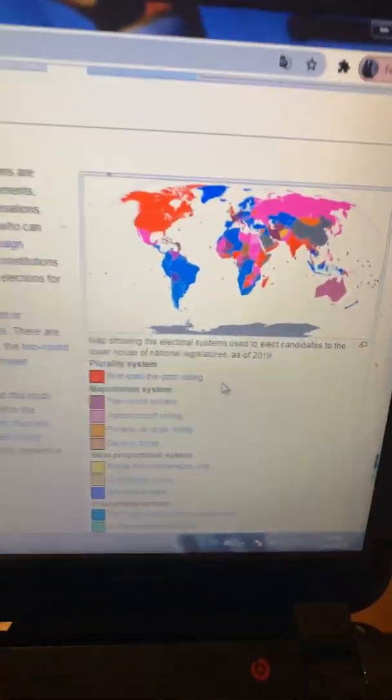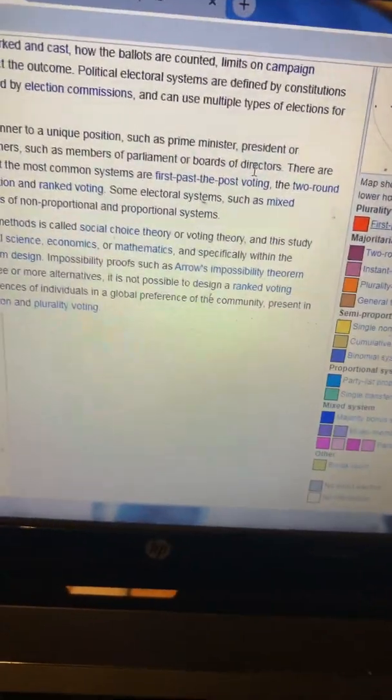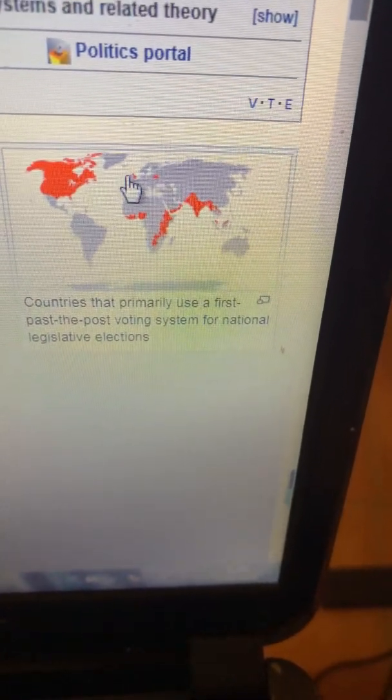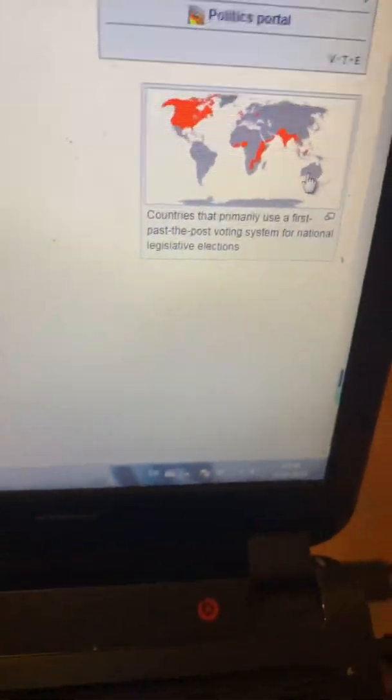Now let's take each one. First past the post. Let's take a look at this. It's used in Canada, United States, United Kingdom, India, Malaysia, and Kenya.